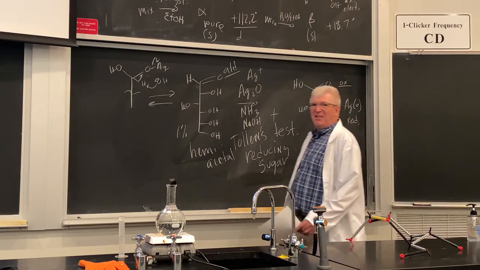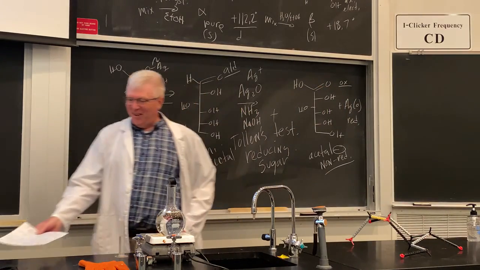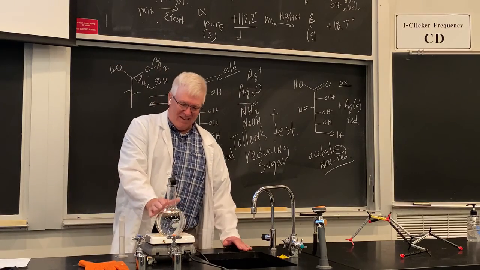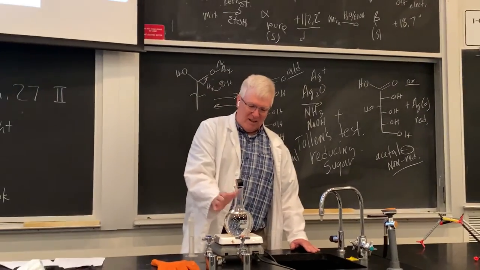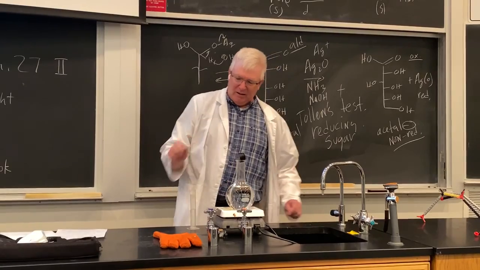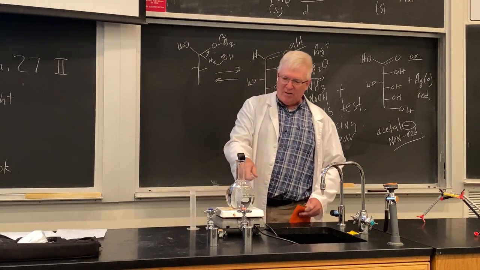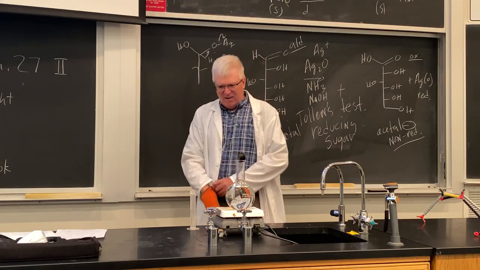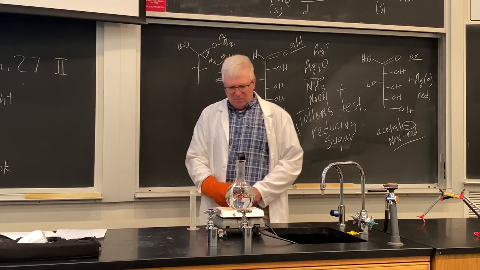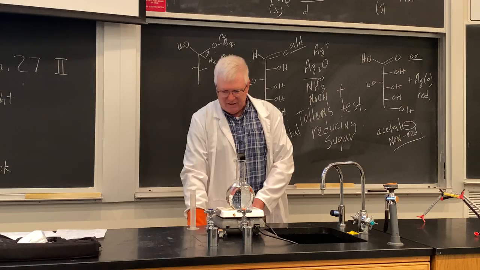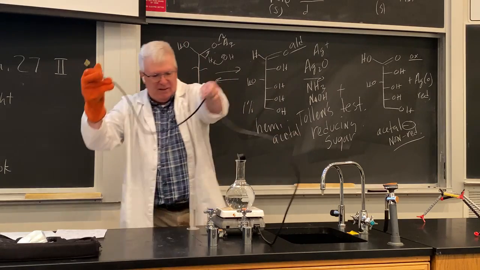Let's see if we're ready to do this demo here. We're going to show you the Tollens test. And yeah, that's probably hot enough. So we're heating up just a water solution with our flask right now, and I'm going to turn that off because I think it's hot enough.